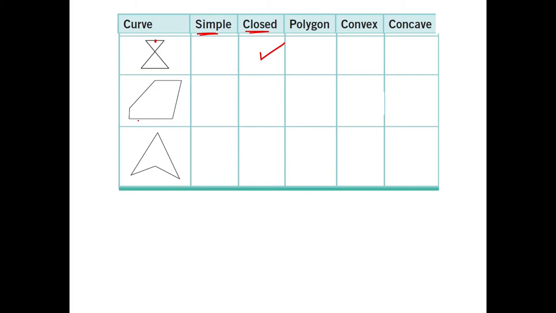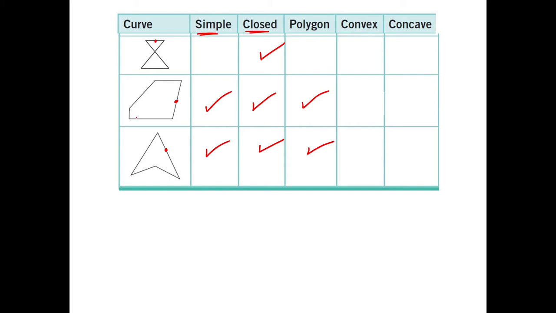The last two graphs are both simple curves and they're closed curves. They start and stop at the same point. They're also both polygons because they consist of line segments and we don't have any overlaps.